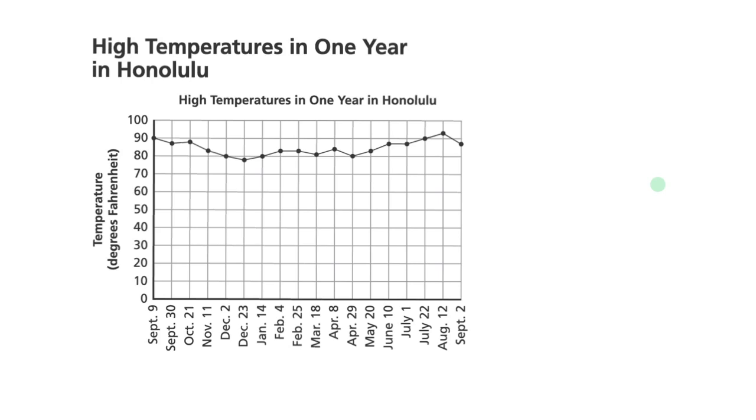Okay, I noticed that the temperatures are kind of going down between September to December. It kind of goes down. And then it's kind of like increasing from December to February a little bit. And then it kind of evens out for a little bit and it just starts to go back up. Okay, so that's kind of what I'm noticing.